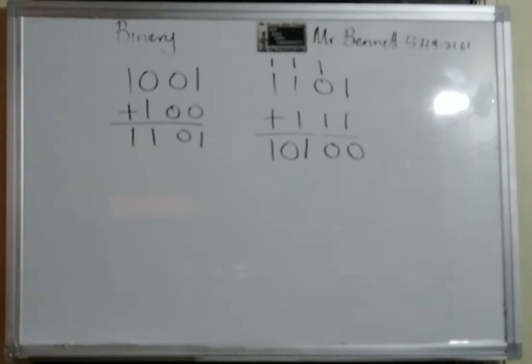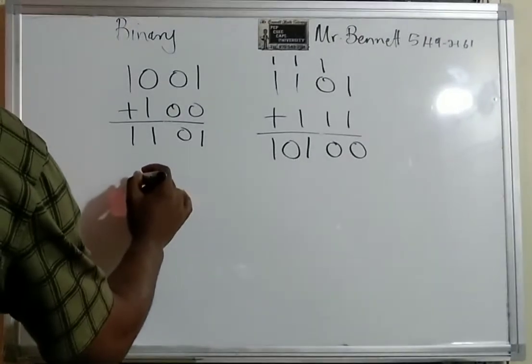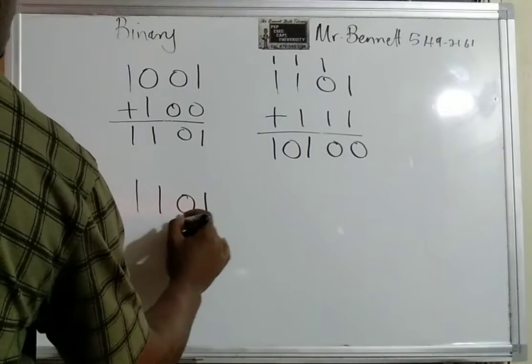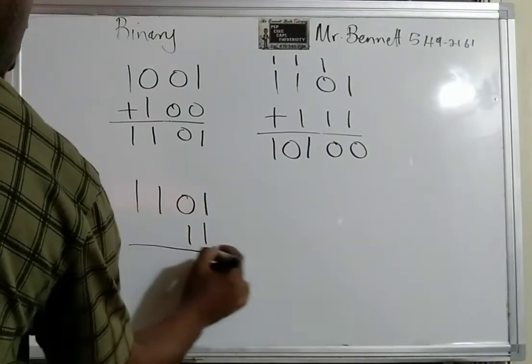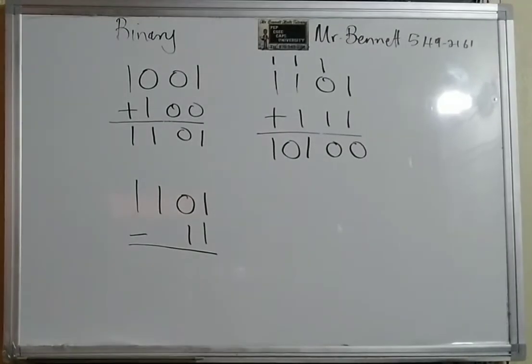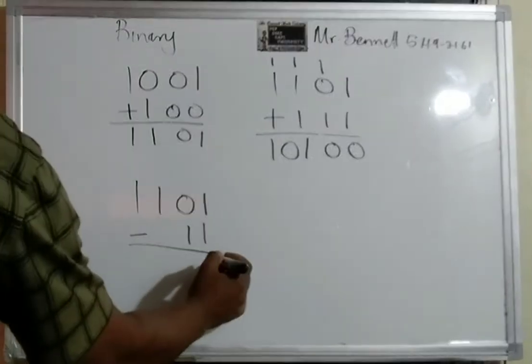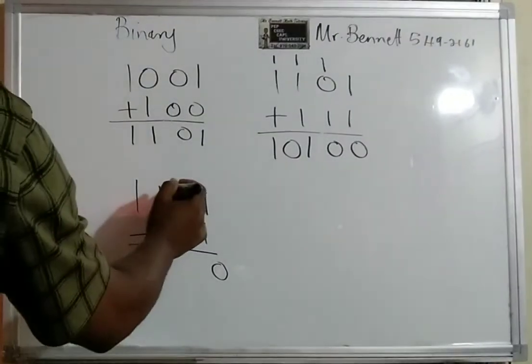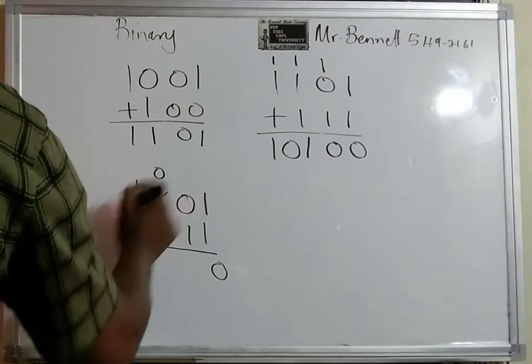Alright, let us look at a minus. It's very simple. So let's begin. 1 from 1, leave 0. 1 from 0 you can't, so we borrow the 1 from this.